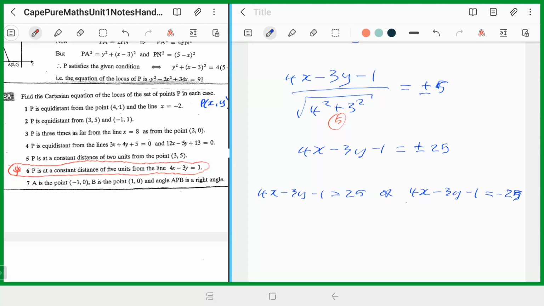So if I consolidate this, bring over the 5, I'm going to get 4x minus 3y minus 26 equals 0. Or bring over this, I'm going to get 4x minus 3y, it's going to become plus 24.